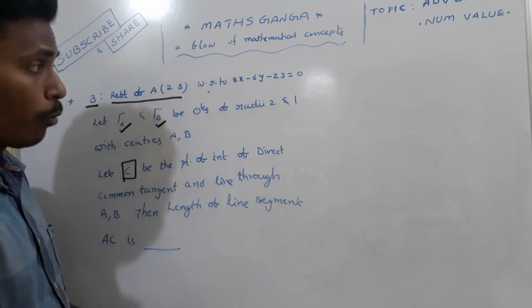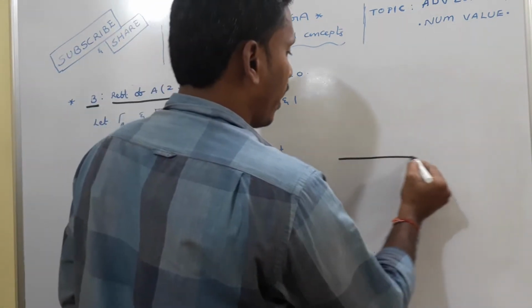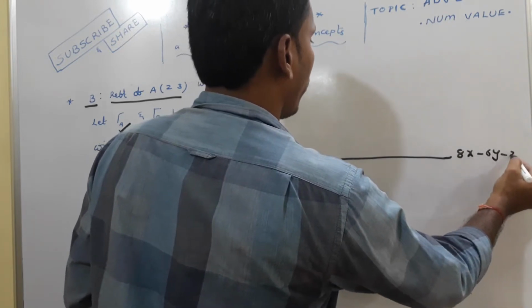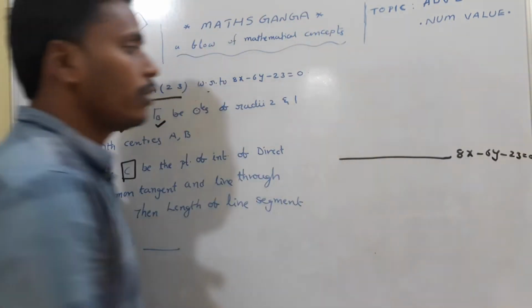As per the given problem, first suppose here we have the line 8x minus 6y minus 23 is equal to 0.